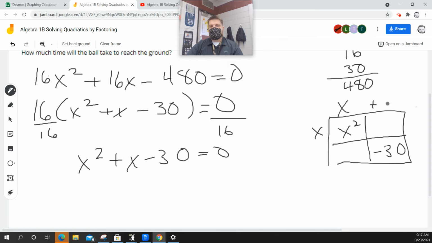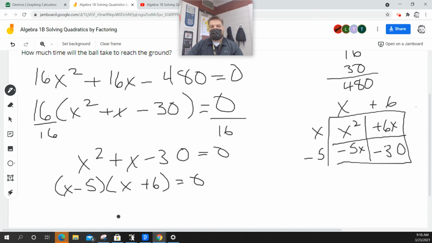How about positive 6 and negative 5? That would give me negative 5x, a positive 6x, and then my negative 30. So I know that this factors into x minus 5 times x plus 6 equals 0.